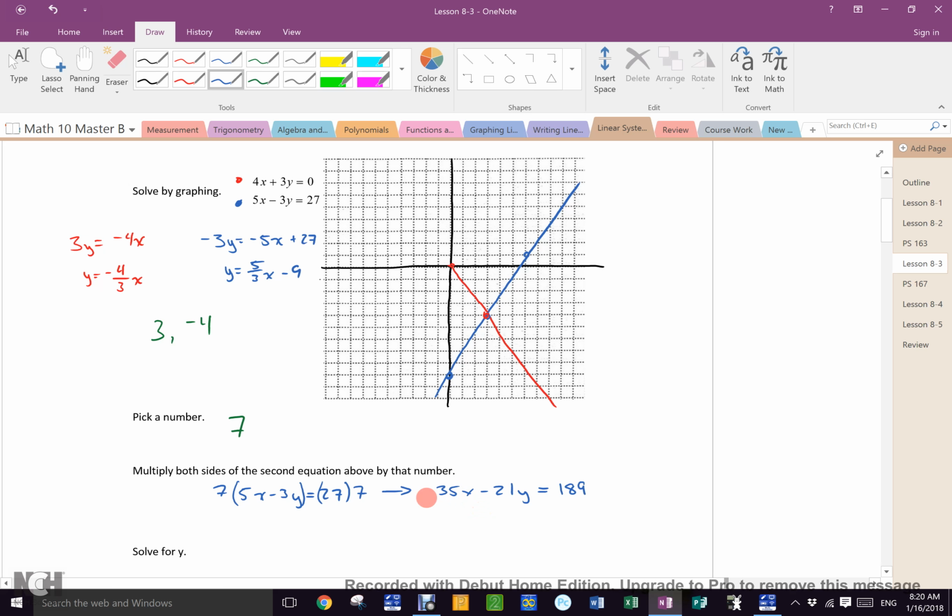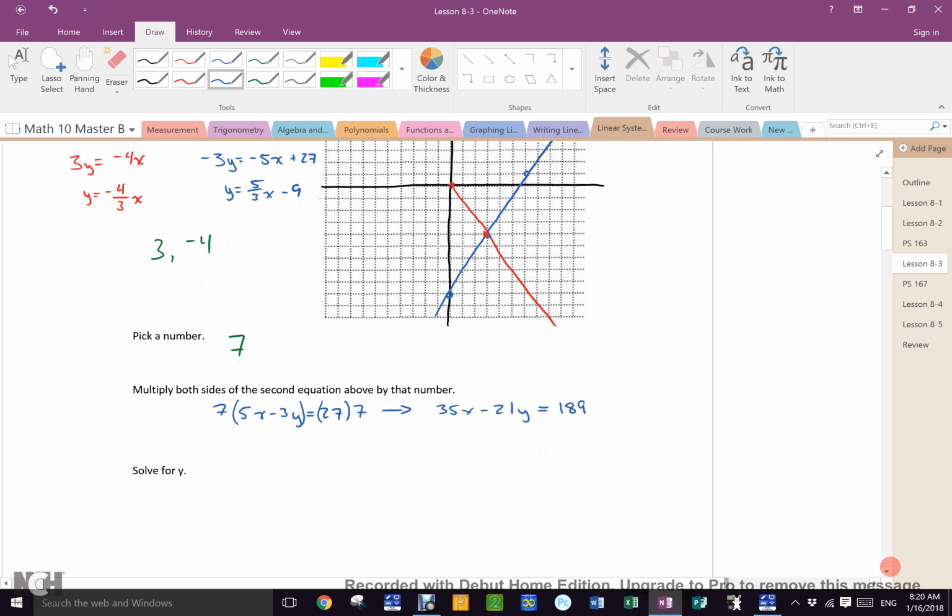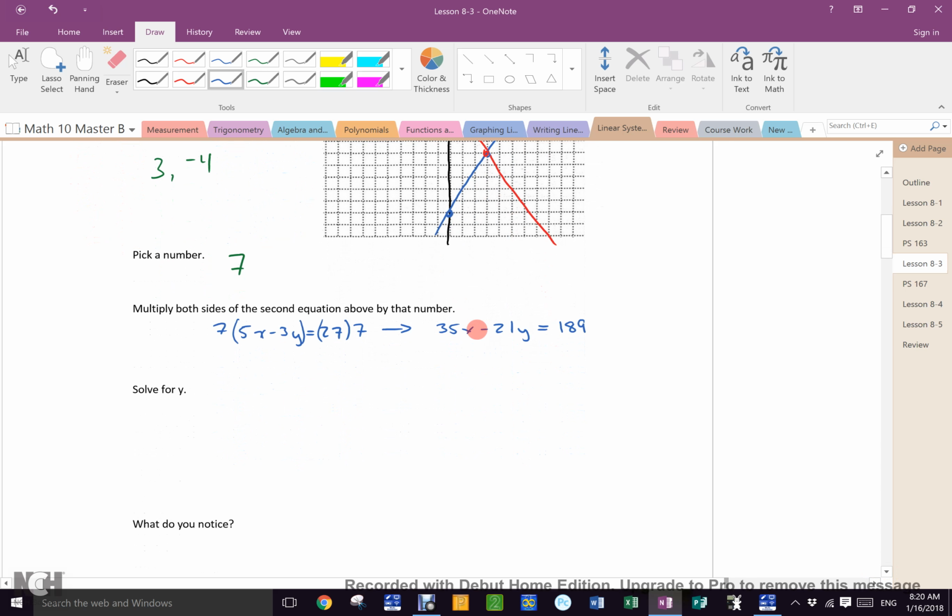Now, you guys are smart kids. If I solve this for y, so if I get y by itself, watch what happens.